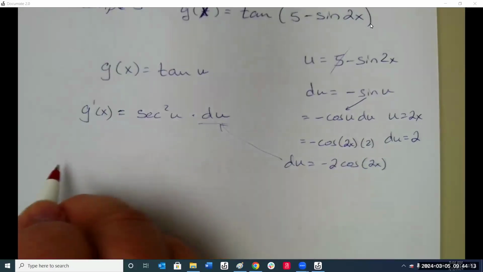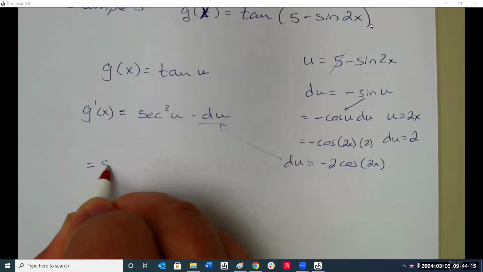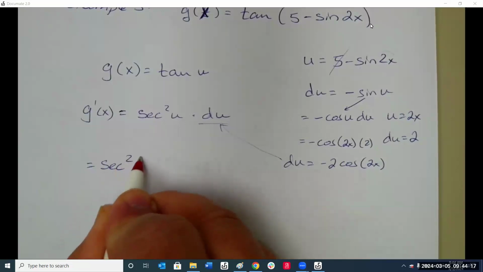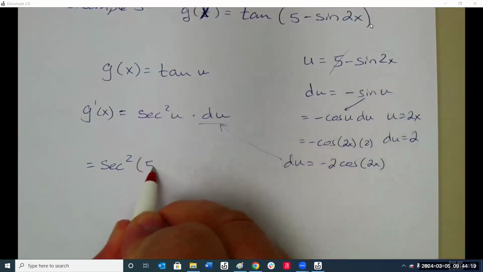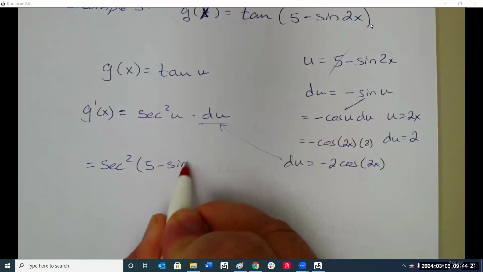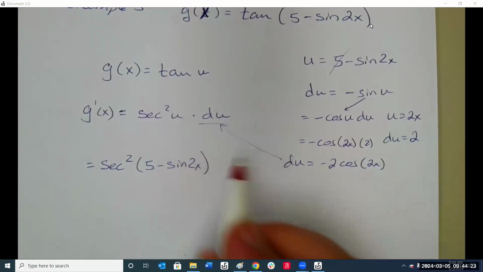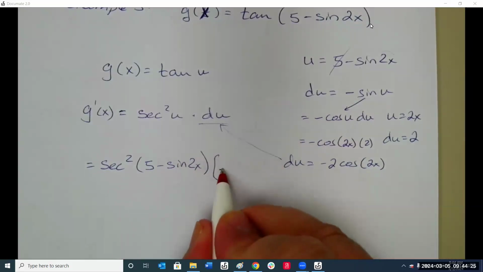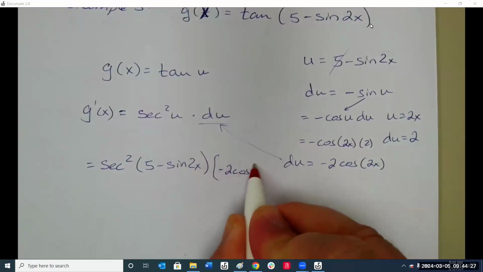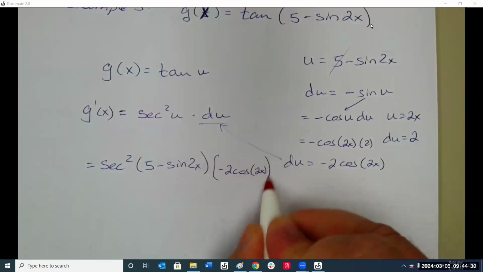So the derivative is secant squared of 5 minus sine 2x times negative 2 cosine 2x.